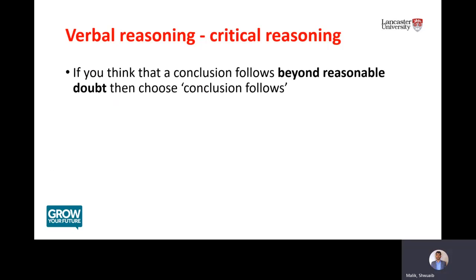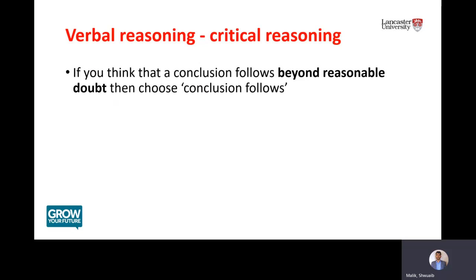But with critical reasoning questions, which are the second most common type of verbal reasoning questions, it's not so much about whether a statement is true, false, or cannot say. It's more if a conclusion follows or does not follow. And the ruling is usually, if you think that a conclusion follows beyond reasonable doubt, which is the key bit, then choose conclusion follows.